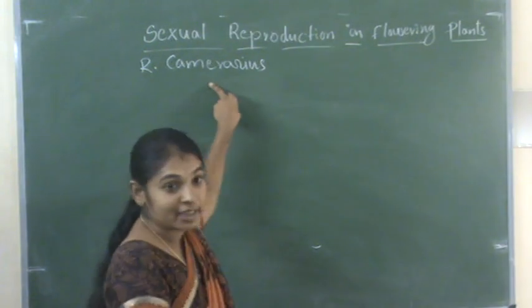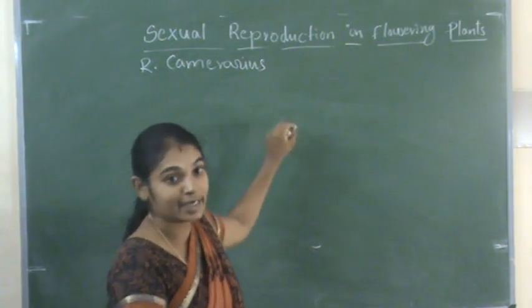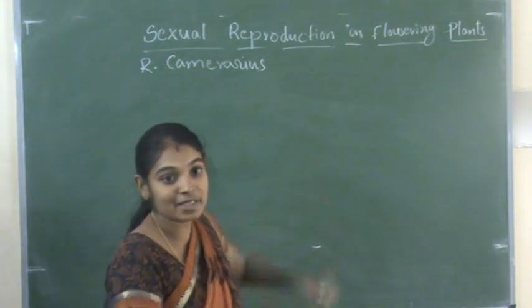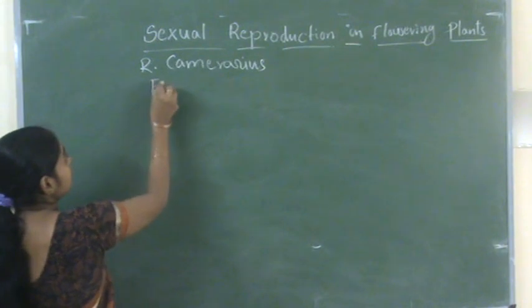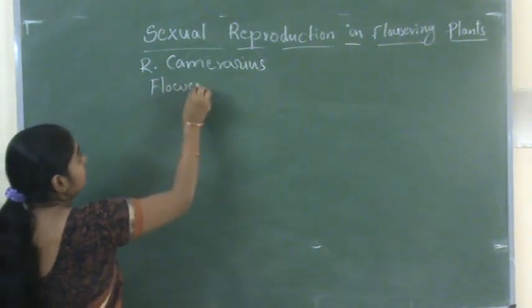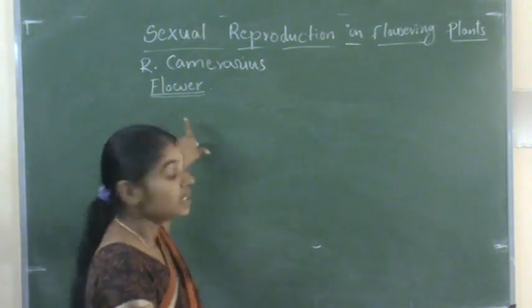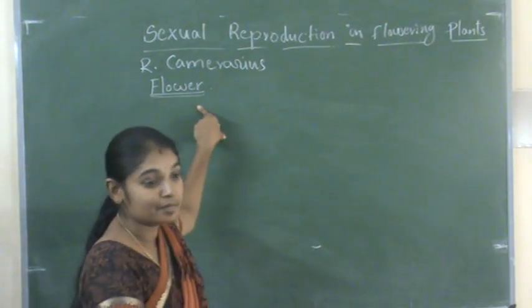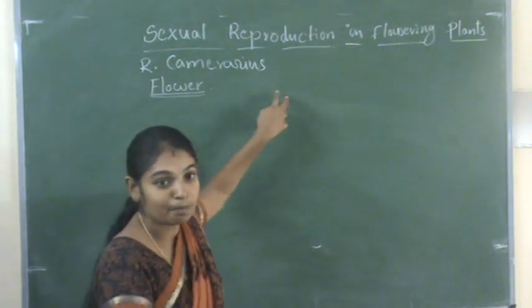And we know that in flowering plants the main sexual organ, which helps in the sexual reproduction, is a flower. So flower is the sexual organ which helps in the sexual reproduction in flowering plants.